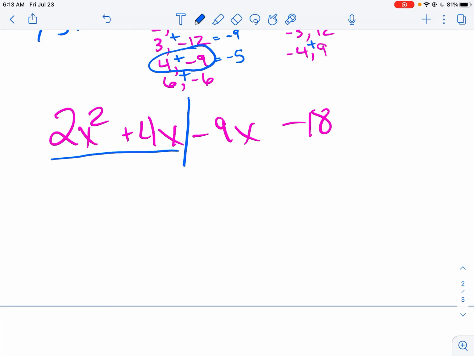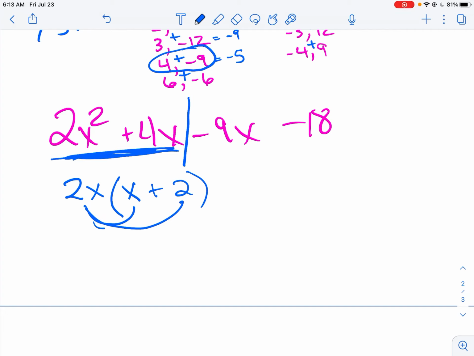Look at these two right here. What do they have in common? Oh, not only do they have an x in common, but they actually have a 2 in common also. So I'm going to take out a 2x. That means I'm dividing out a 2x. So 2x squared divided by 2x is going to be x. 4x divided by 2x is going to be 2. Remembering that if I was to multiply this back through, I would want to get this right here.